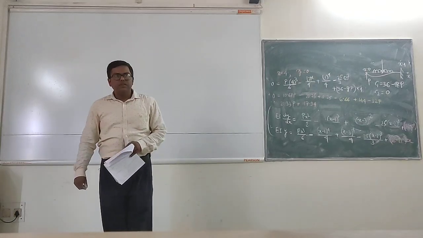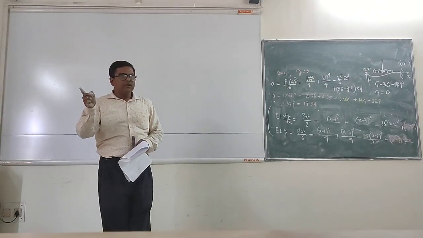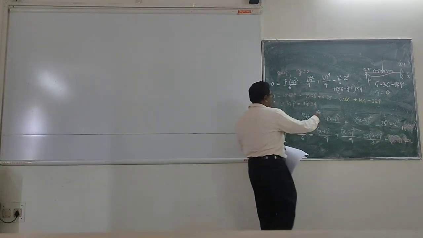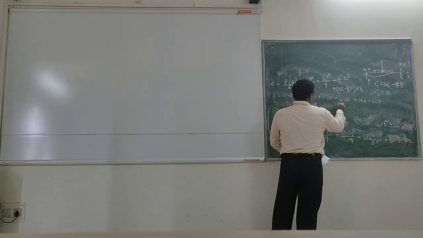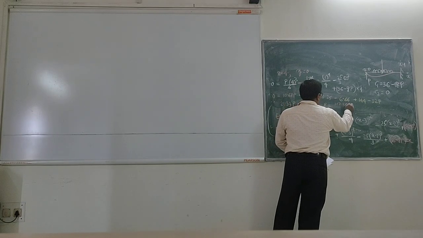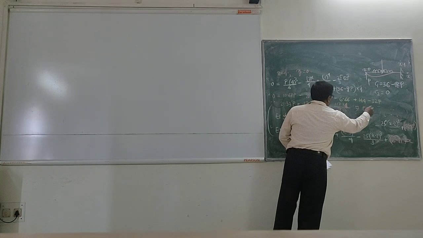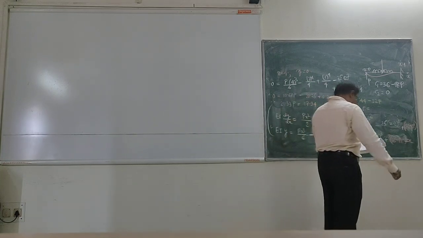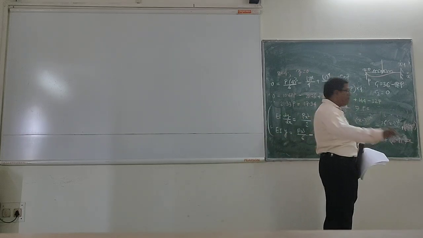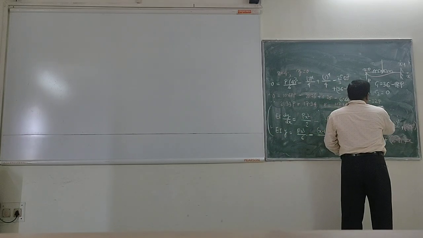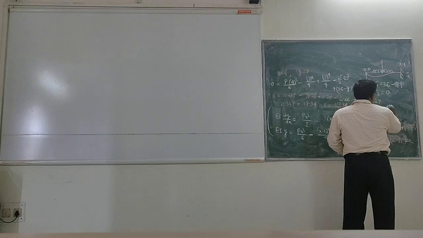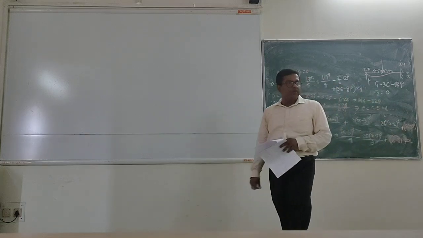Got it? All of you have got it? So now the value of P will be 117.34 divided by 21.33, and P is equal to 5.5, approximately 5.51 or something like that. So you take it as 5.5.